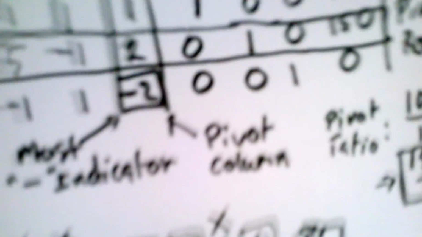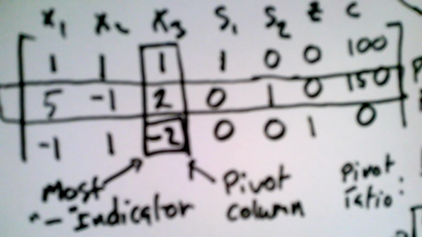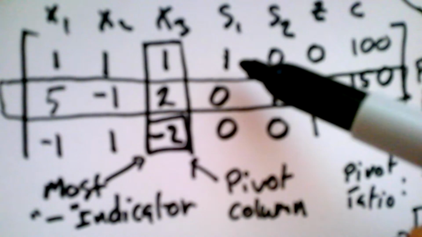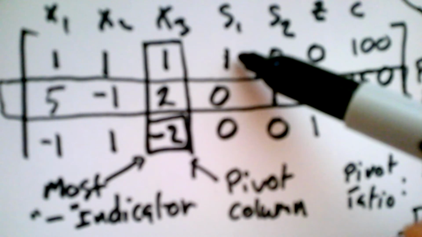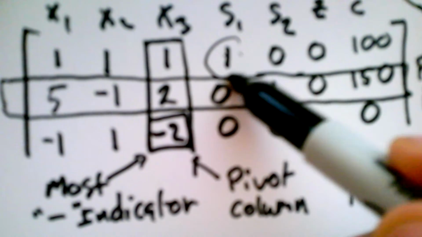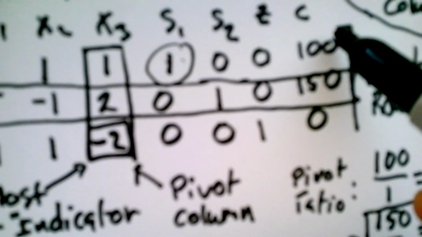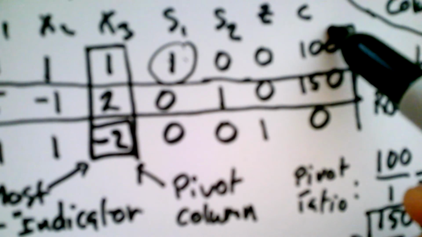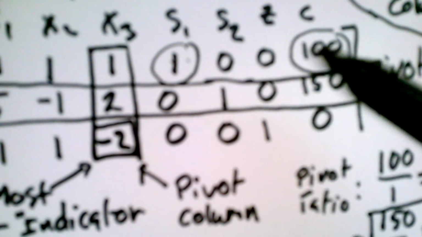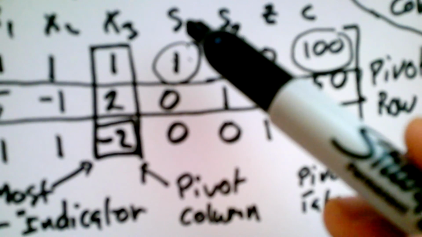The way that you read your matrices is, if you have all zeros except one entry, so like this, it is called a basic variable. It means that this value here is the denominator on your fraction that tells you the value of the variable, and this is the numerator. So you let 100 be the numerator, 1 be the denominator. That tells you the value for s.